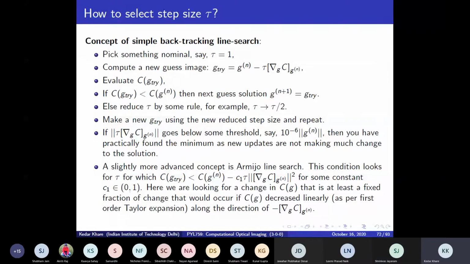And so I'm finding a gtry where the cost function has actually reduced, and then I see practically how much the solution changes. If C of gtry is less than C of Gn, then I can see how much is the difference because of this updating step. So the norm of the difference is the norm of tau times the gradient, and if that norm goes below some threshold times the norm of the current solution, then practically I don't have to iterate more.